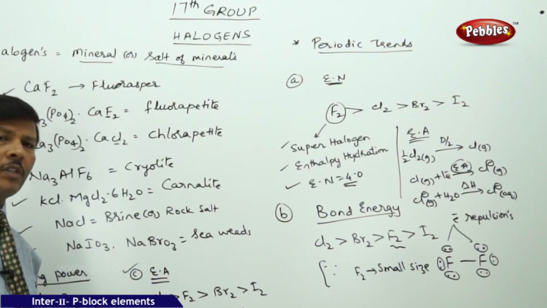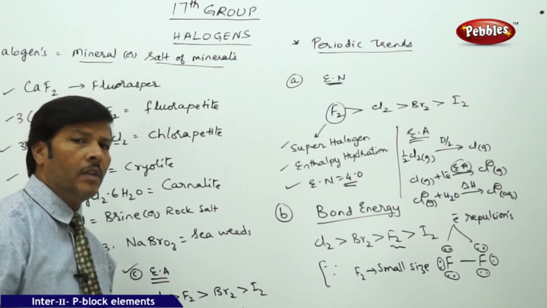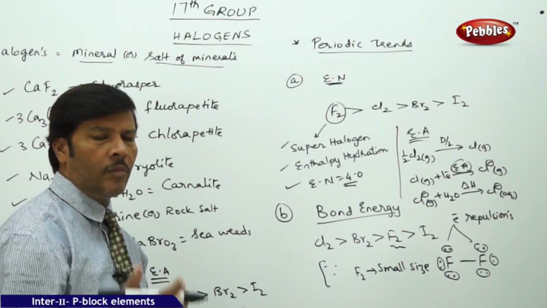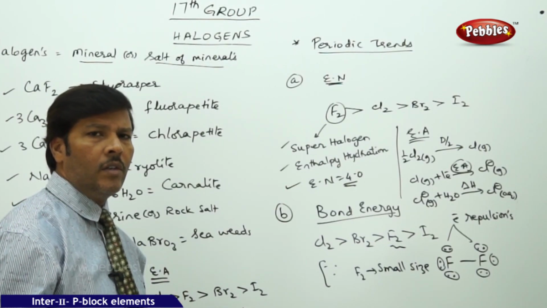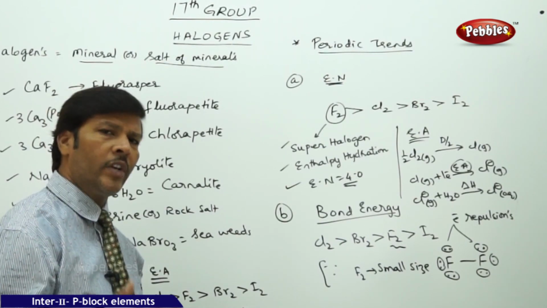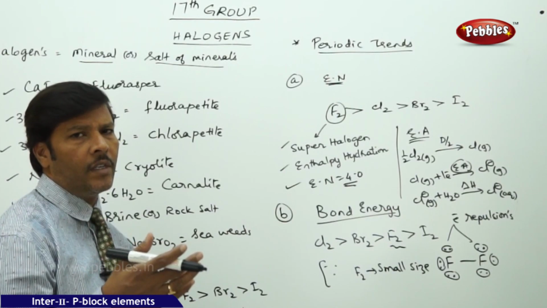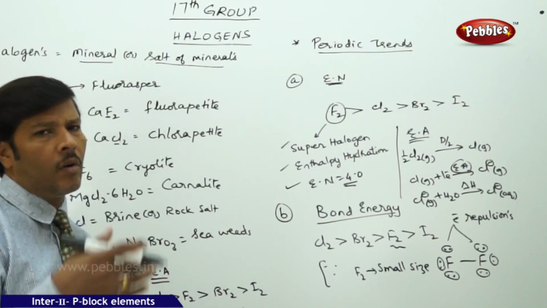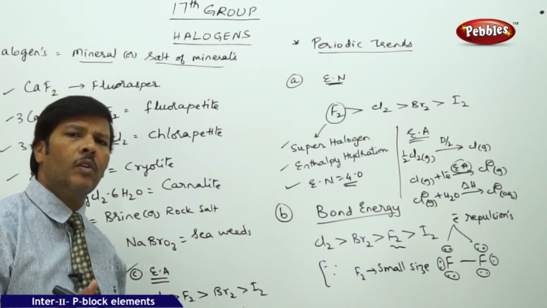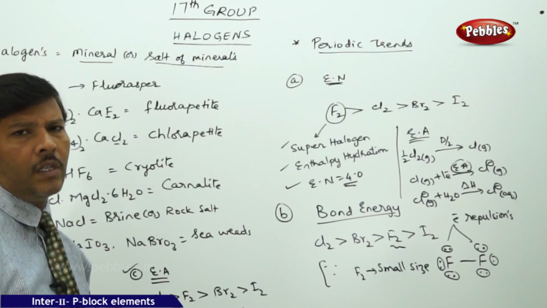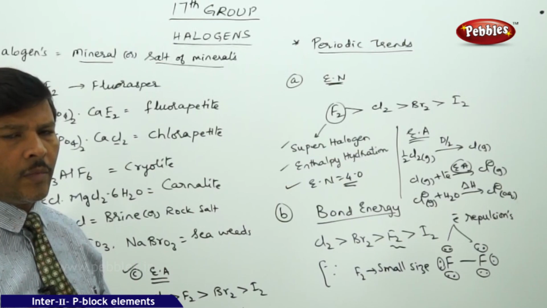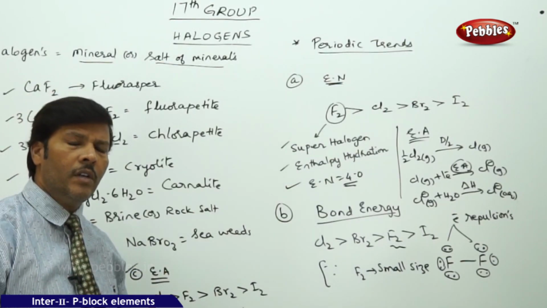So it is proved that even in the reactivity series in electrochemistry, all the non-metals are placed at the bottom of the reactivity series, which have positive standard reduction potential, and all the metals which have more reactivity are more reducing in nature. So all the highly reactive metals are placed at the topmost position of the reactivity series, and all the non-metals which have the highest SRP value, which are more oxidizing in nature or have more oxidizing power, are placed at the bottommost region of the reactivity series.